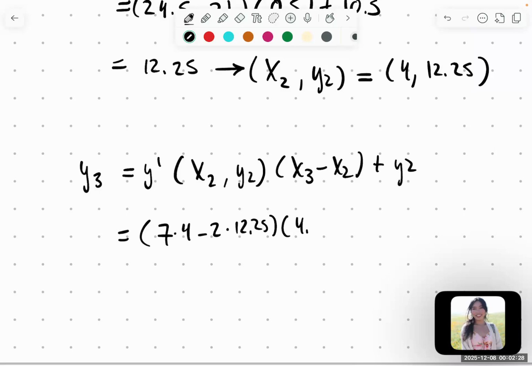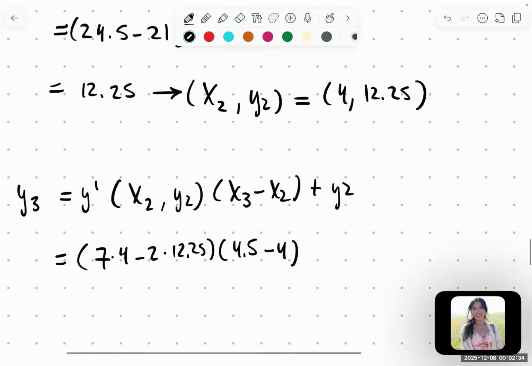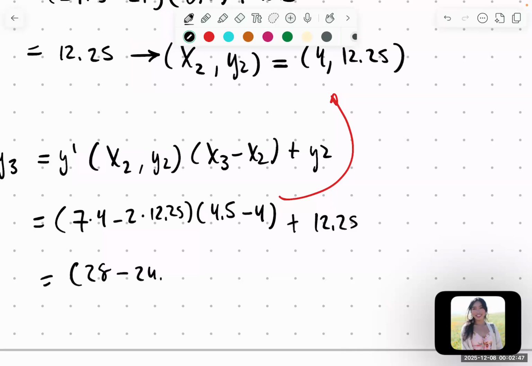It's going to be 4.5 minus 4, I believe. Yep. We got the 4 from right up here. And then plus our 12.25. This is going to equal 28 minus 24.5, 0.5 plus 12.25, and this computes to 14.